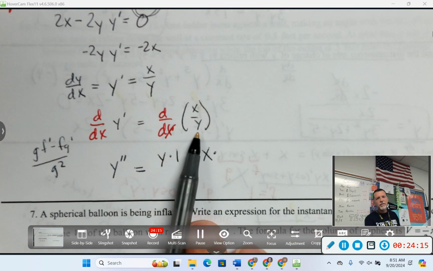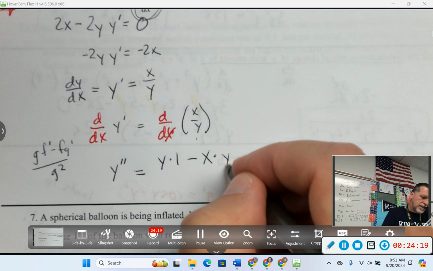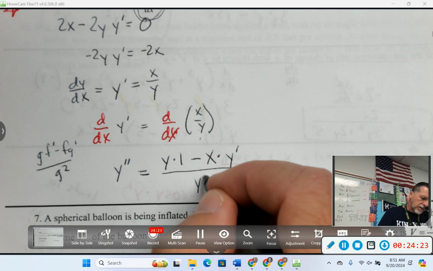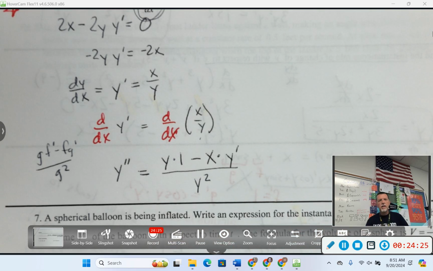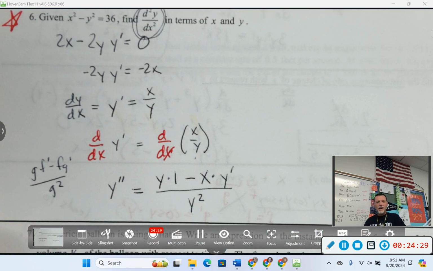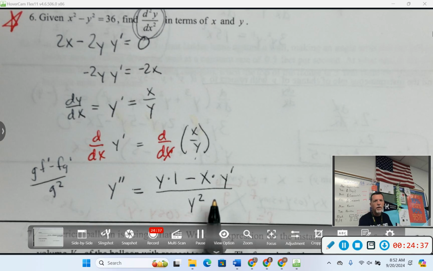What's the derivative of y? Y prime. All over the bottom squared. Okay, so in some sense we're done. We've got the second derivative solved for. It's not buried in one long equation where we'll have to do some algebra.